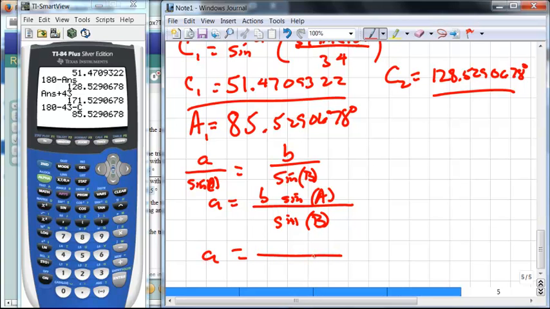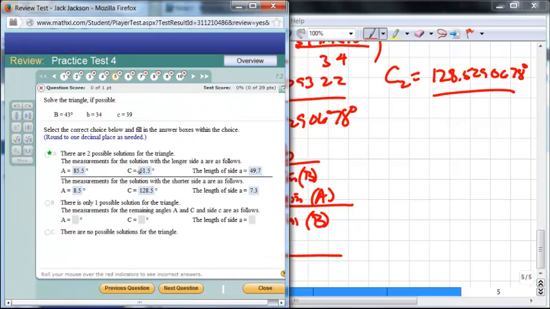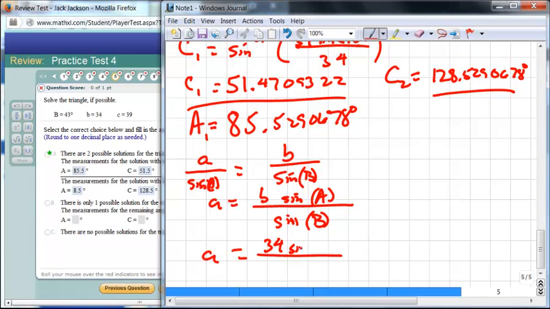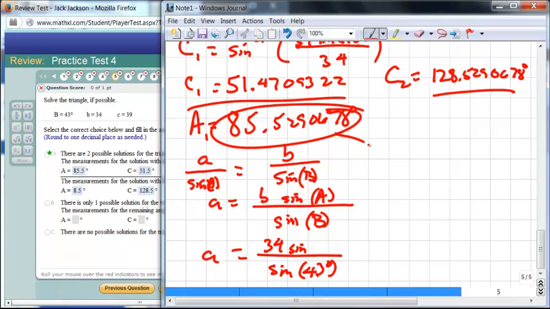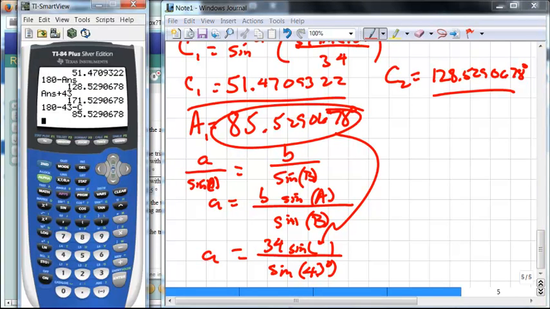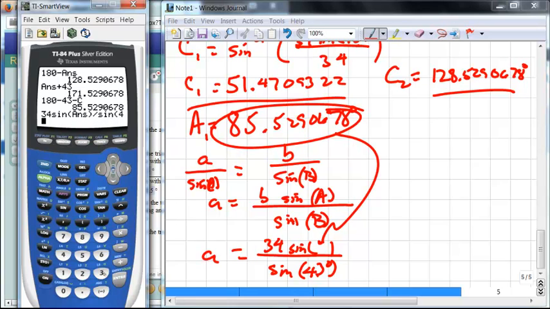Side B was 34, angle B was 43 degrees, and angle A was this guy. So let's do that on the calculator: 34 sine of my previous answer divided by the sine of 43 degrees.